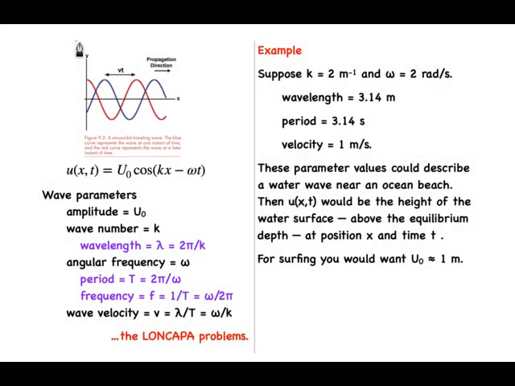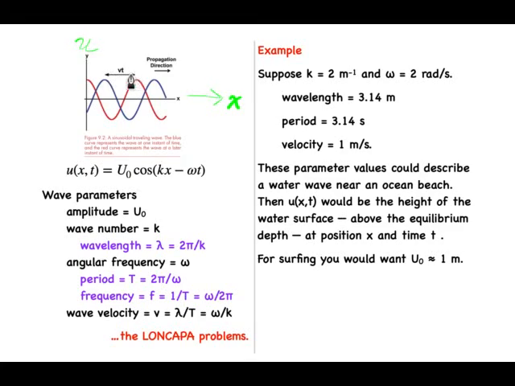All right, so this is u as a function of x at two particular values of t. t1 is the blue curve, t2 is a time t later, where the curve has moved over from the blue position to the red position.